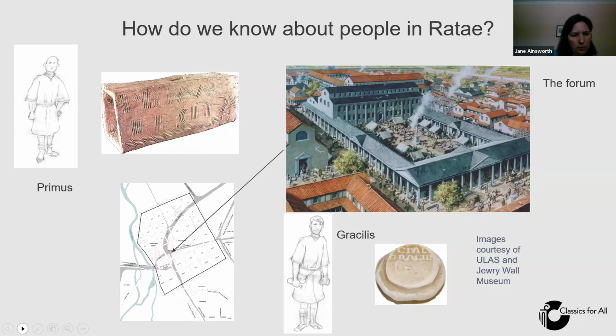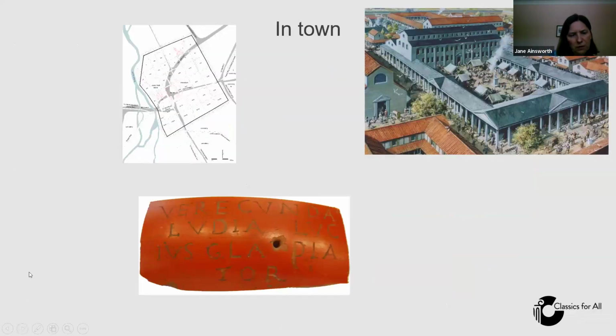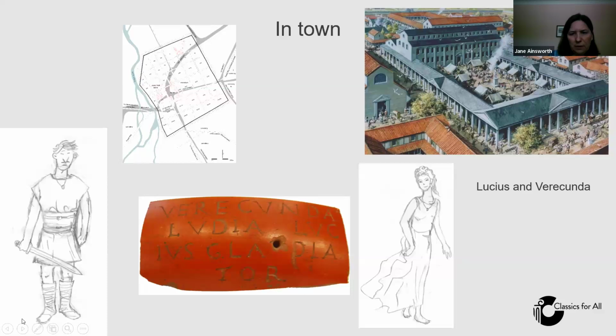Another example of how these objects give insights is the object that gives us Lucius and Verecunda here. You can see that they're both, in the pictures, wearing a little necklace. And this is the object that would have been in the necklace, which says Verecunda Lydia, and we think Lydia means some kind of dancing girl, Lucius gladiator.